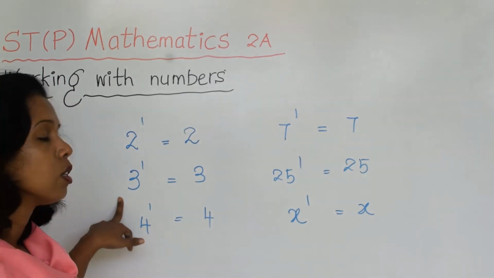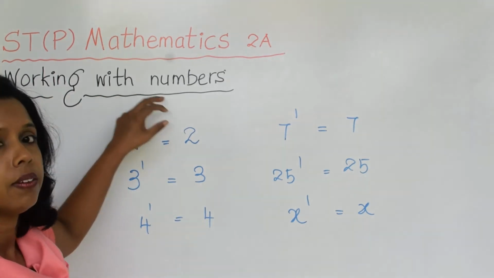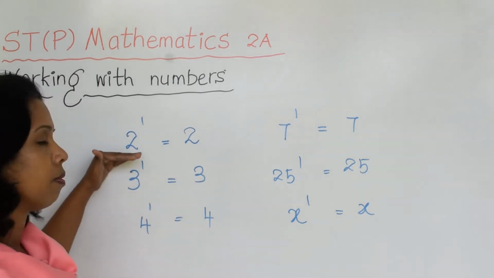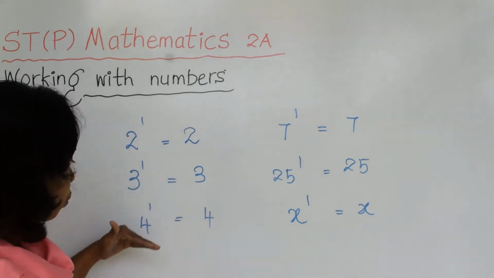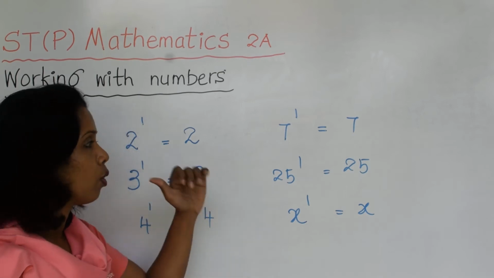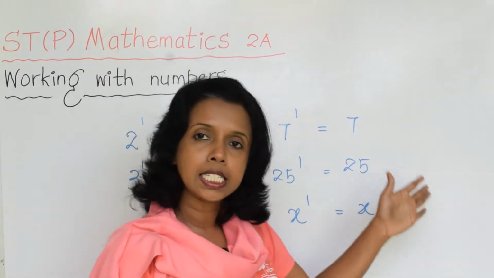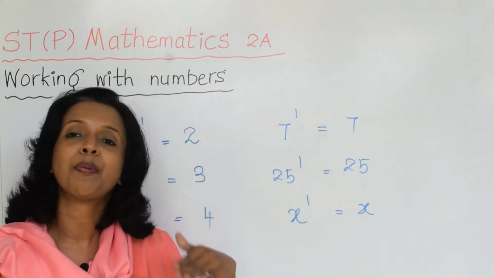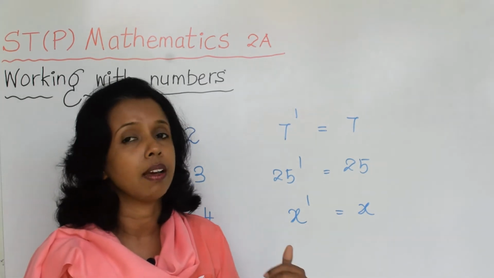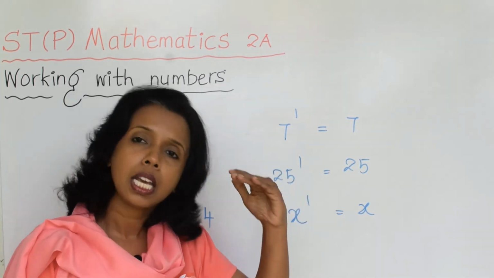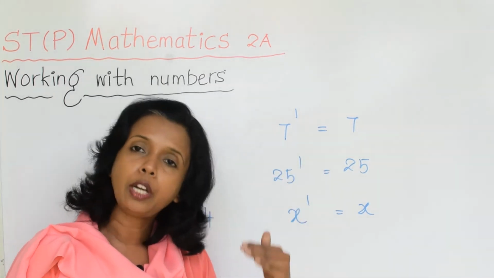Got it? So 2 to the power 1, value is 2. 3 to the power 1, value is 3. 4 to the power 1, it is 4. 7 to the power 1, it is 7. 25 to the power 1, answer is 25. X to the power 1, A to the power 1, P to the power 1.